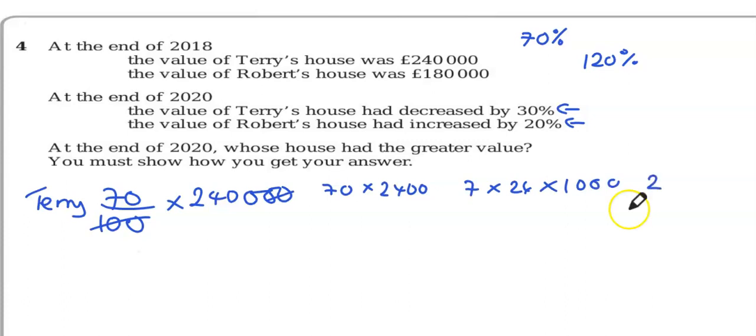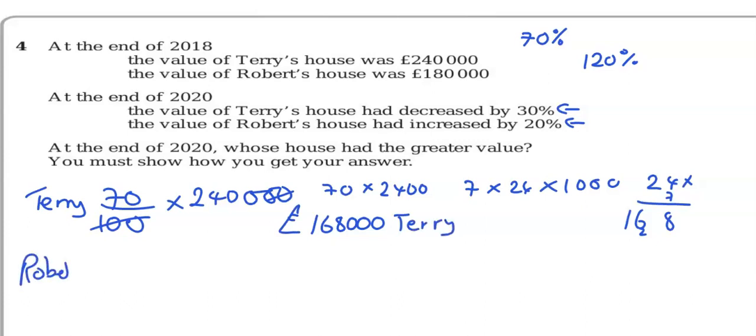So we need to do 24 times 7. 7 4s are 28. 7 2s are 14, plus 2 is 16. And we multiply by 1,000, put the naughts on, and that's where Terry's got.